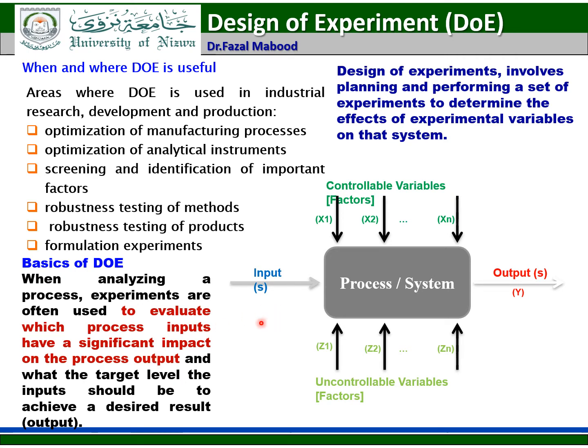Why do we apply the design of experiment on a system? Actually, we are looking at which input variables have a significant effect on the response. Design of experiment involves planning and performing a set of experiments to determine the effect of experimental variables on the system.